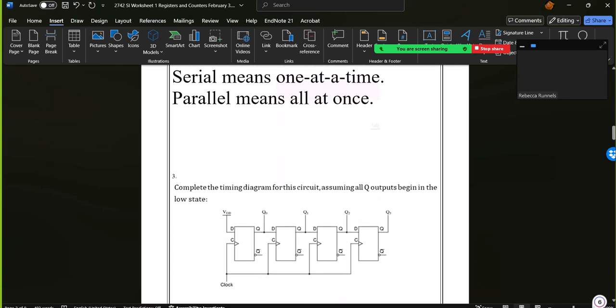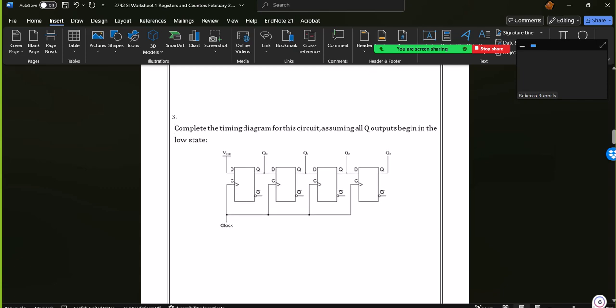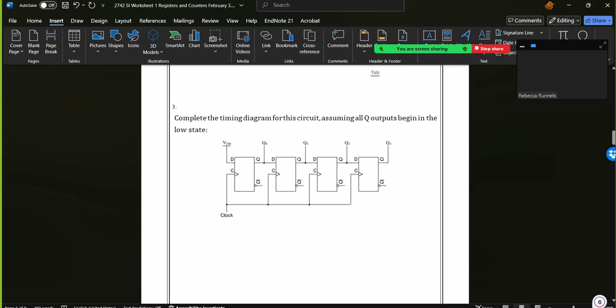Okay, so now we're going to do this one.